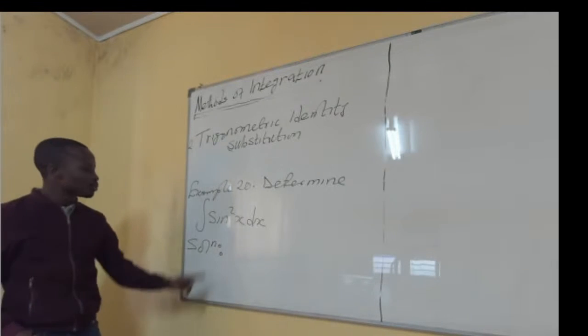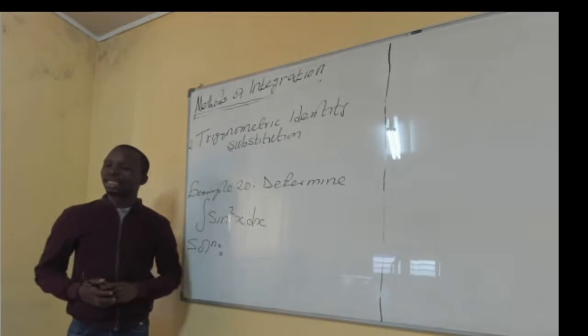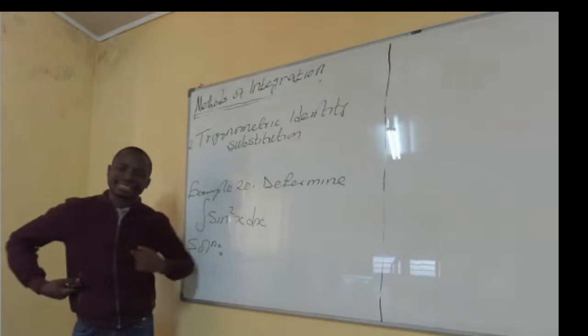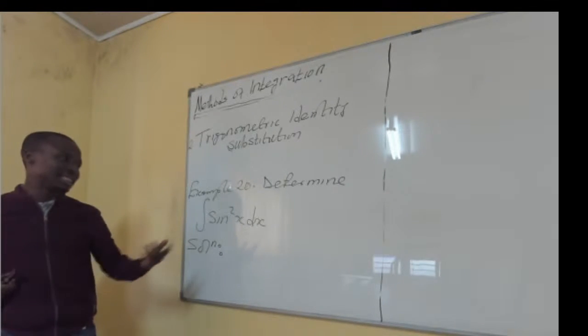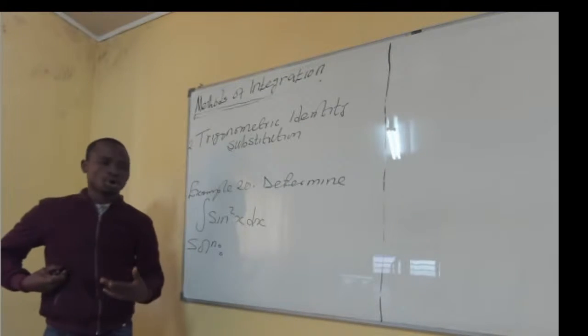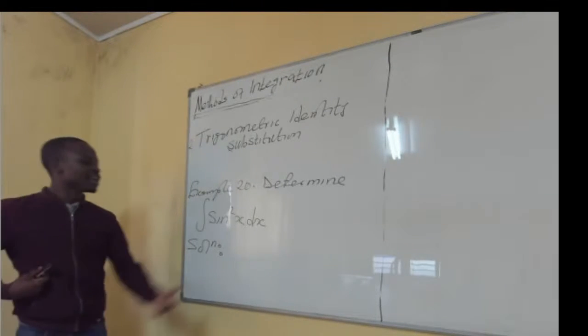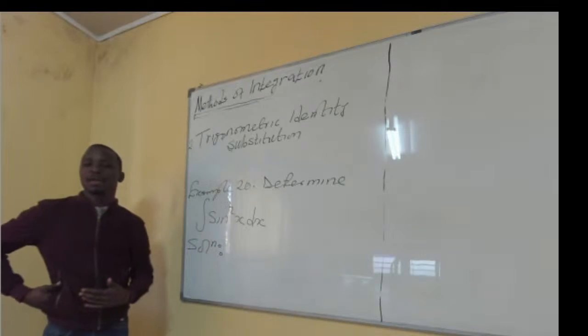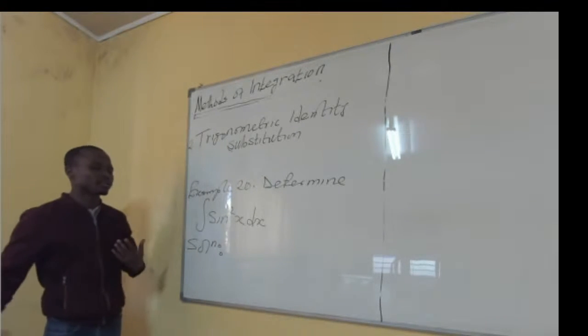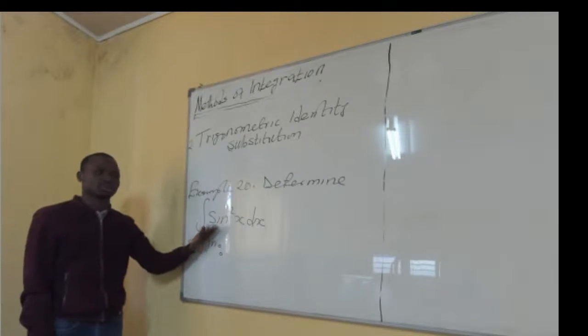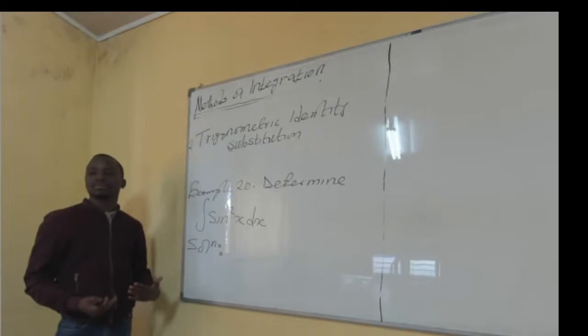If we say let u be equal to sine x, what's next? dx will be equal to du over cos x. Even if we substitute that du there, we'll be stuck. We can't cancel that cosine x in the denominator with any cosine of x in the numerator. So it's impossible.